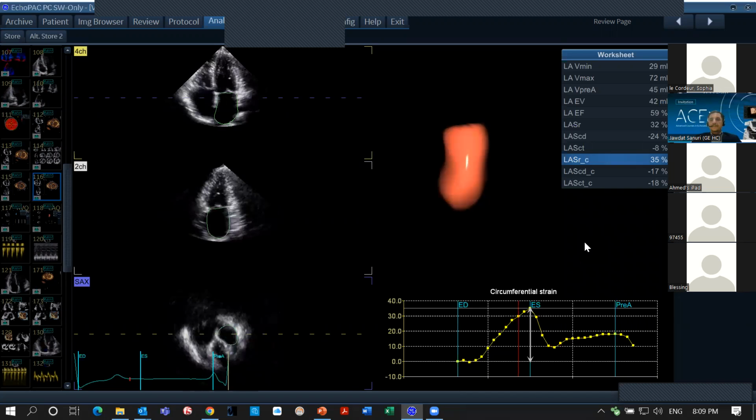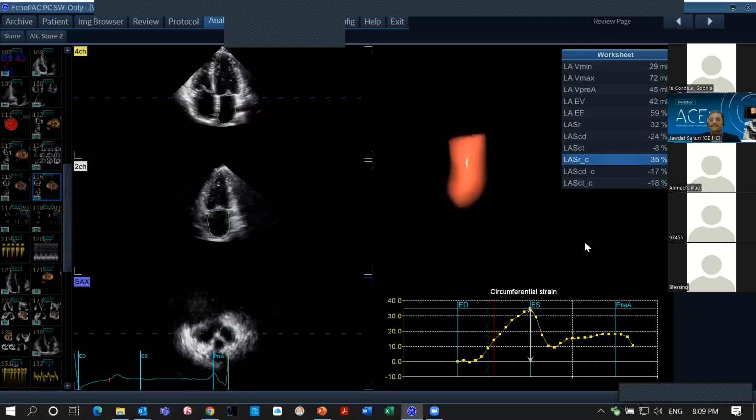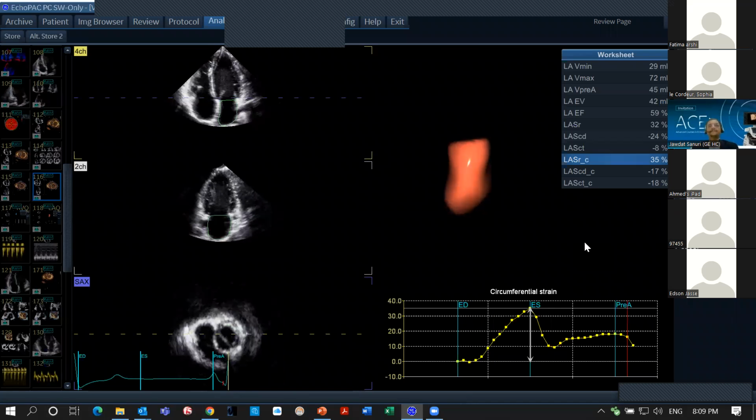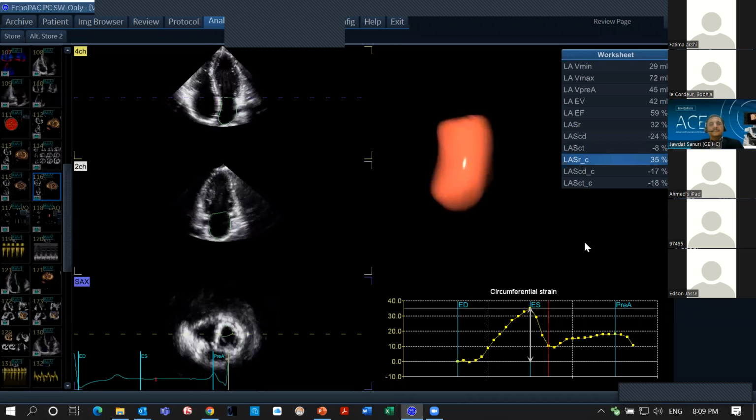We have a question from Fatima Arshi. Yes, I'm the technologist. I just want to ask about the acquisition of the RV. Whenever I am doing the RV volume acquisition, we have to check the RV free wall in 2D and do a full acquisition.